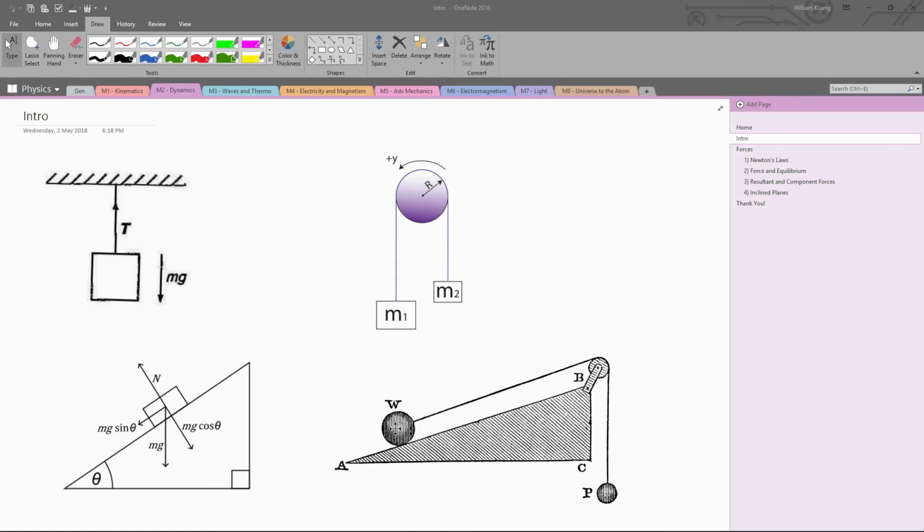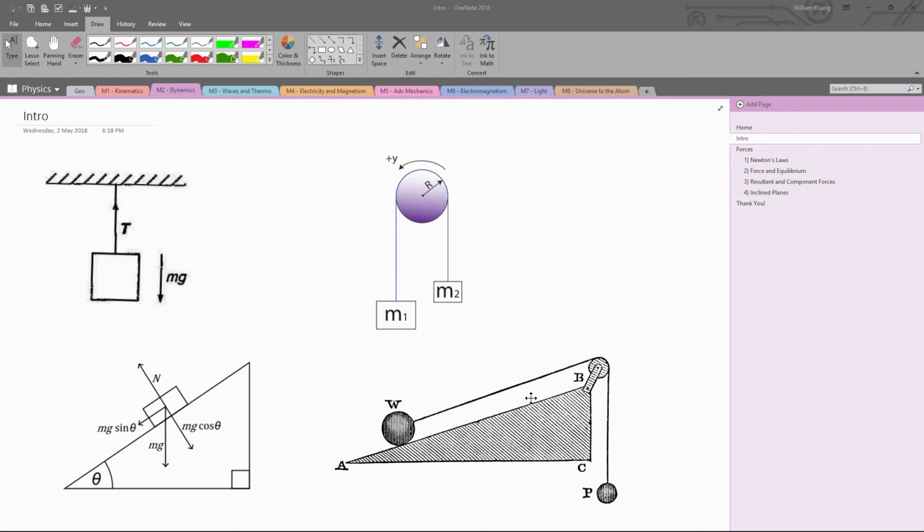Because this is heavier, I assume this will fall down the plane and this mass will get pulled up. There is the converse scenario where this mass is heavier, so this will fall and this gets pulled up the plane. But we will explore those as we come across them, and we'll do a lot of maths associated with it, but I promise you it's not as hard as it looks.